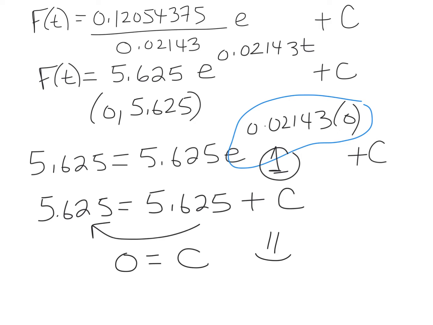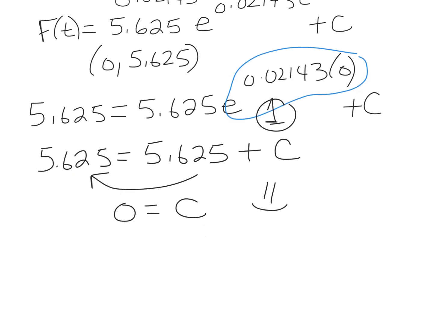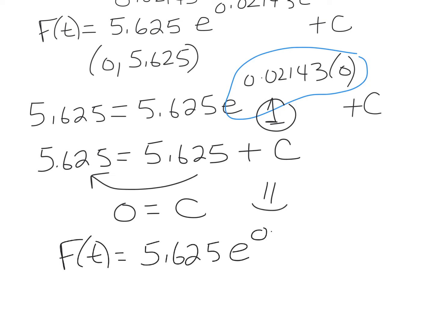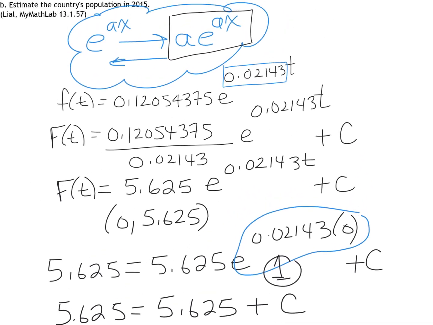So let's put our function back together, now that we know that the constant's 0: 5.625 e to the 0.02143 t. Yeah? Okay.